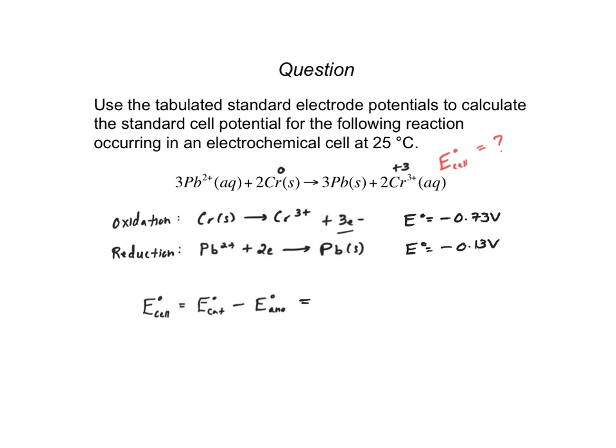So who is the cathode here? Cathode is reduction, so it's the lead reduction potential. This is 1.3 volts minus a minus 0.73 volts. Again, do not be tempted to reverse anything. So when you do that, minus a minus is a plus, and overall you end up with a 0.60 volts.